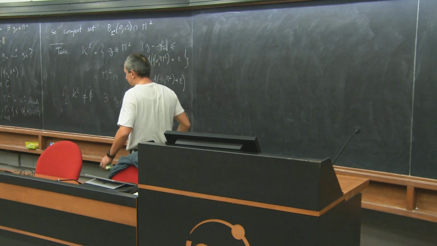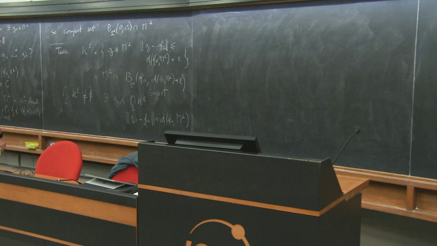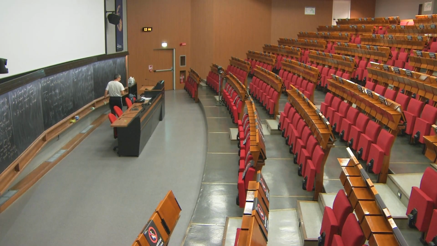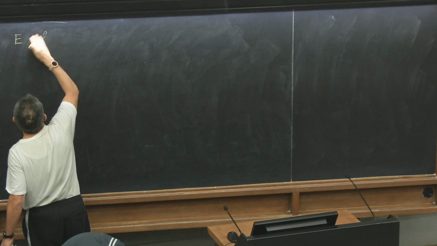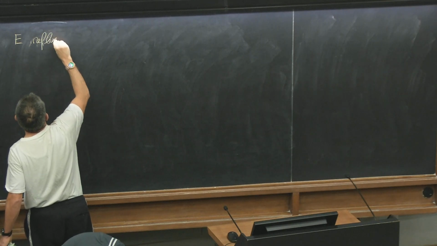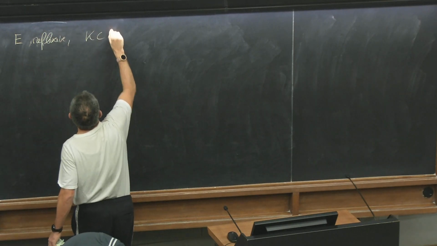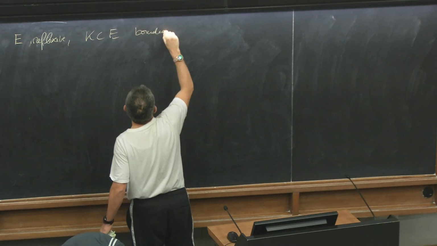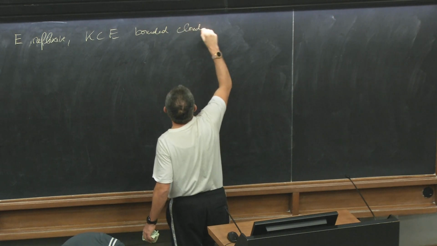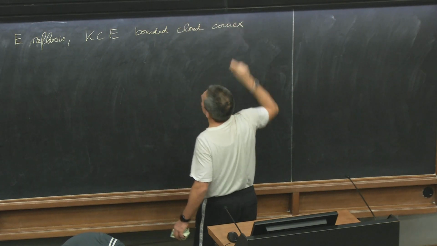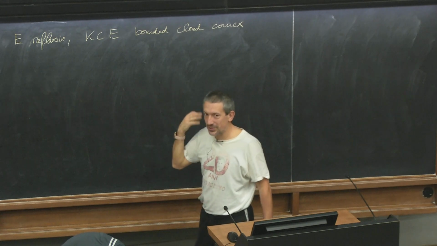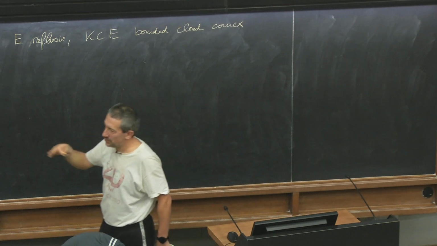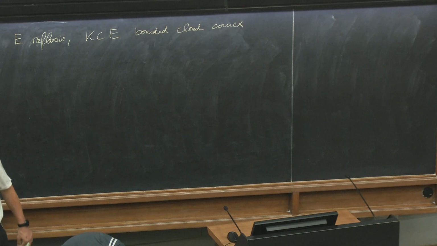Okay, so let's say E reflexive, K contained in E is bounded, closed, convex. So immediately it should sound to your brain that we are going to have some weakly compact set.